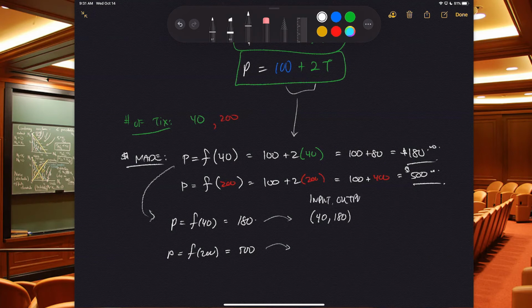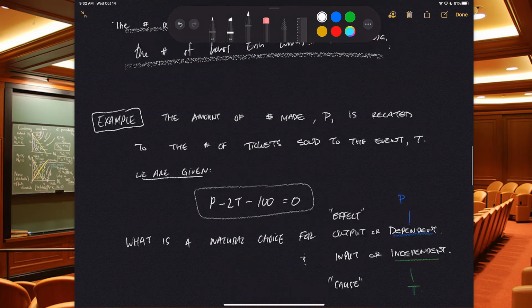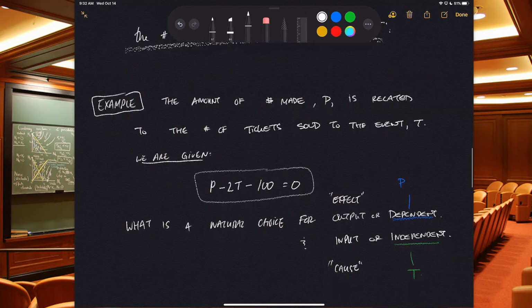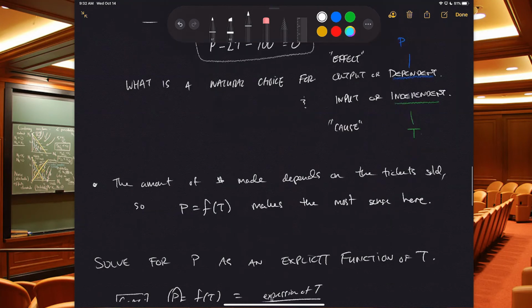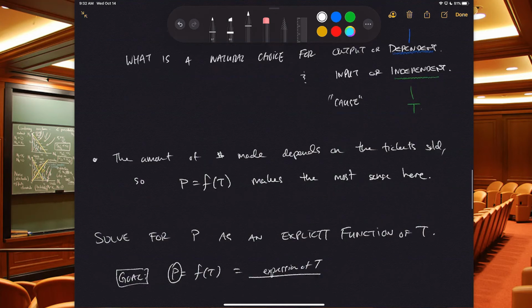And this is, for an input of 200, we have an output of 500. So again, just kind of tying back to concepts we've already covered here. So this is how we would identify a function, an explicit function, going for the more natural choice of what depends on what. Sometimes it's clear, sometimes it's not. And then just using the balance principle to solve for one variable, what we say in terms of another.